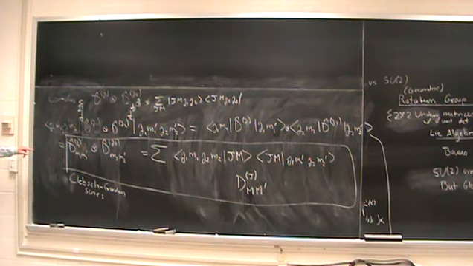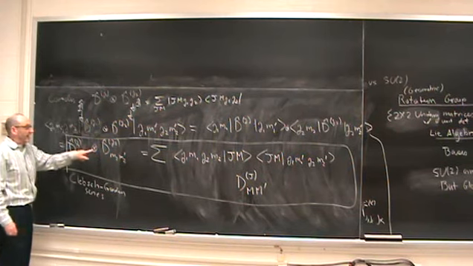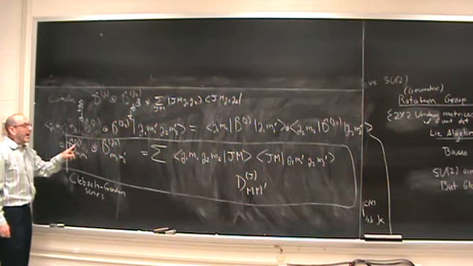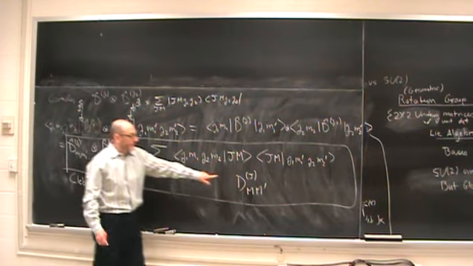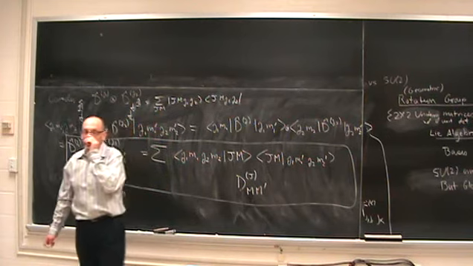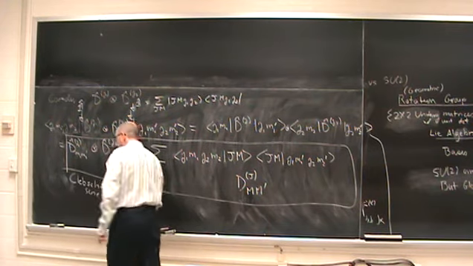But you see what's happening here. I've written a tensor product of irreps as a sum of irreps, and this gets weighted by the Clebsch-Gordan coefficients. So that's the form.